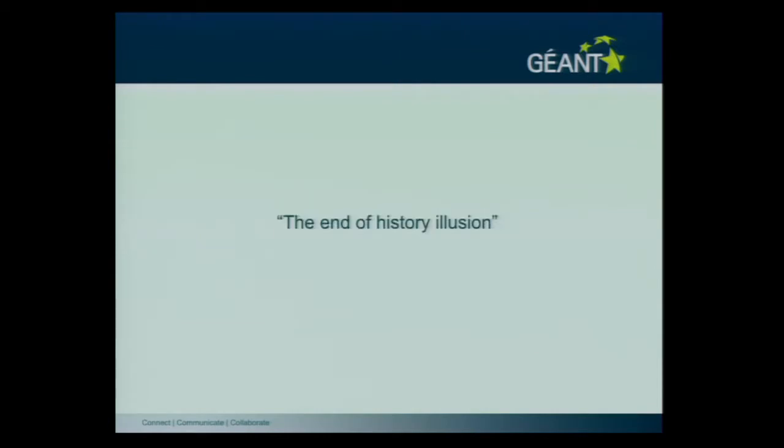So that brings me back around to this business of the end of history illusion, which sounds quite apocalyptic. It's a lot less apocalyptic than it sounds. The end of history illusion is the idea that, as human beings, we're all sort of subject to this, we sort of assume that the future is going to be roughly as it is now, with a few changes.